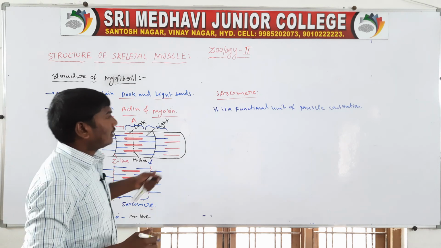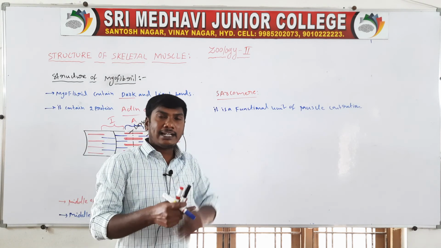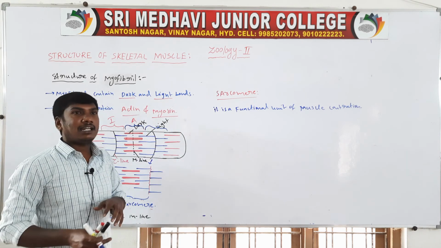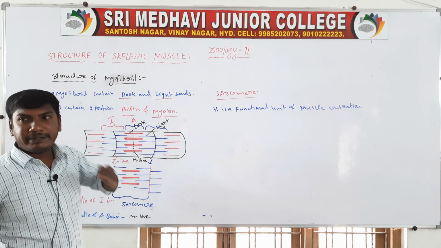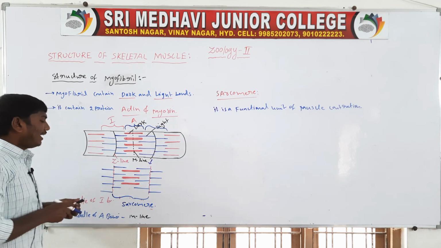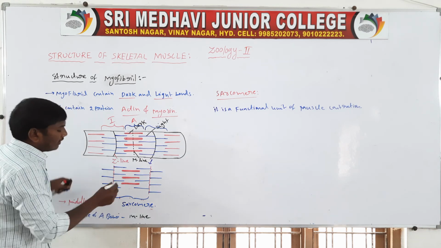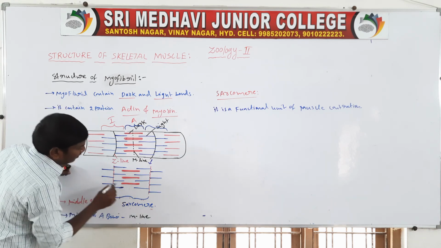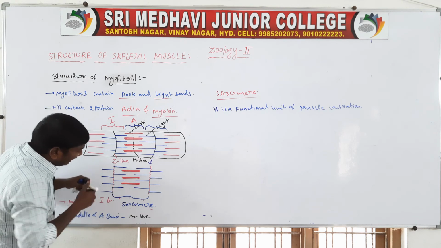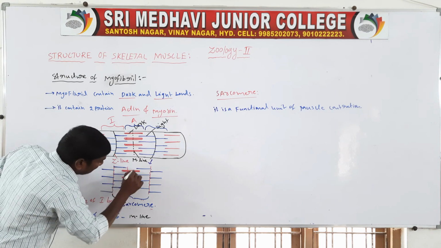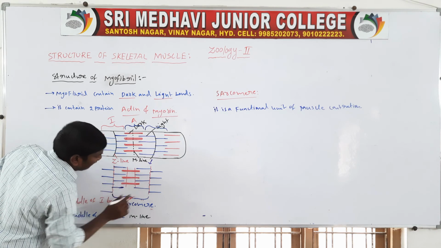In these muscles, the dark and light bands are arranged alternately: light band, dark band, light band, dark band. In one region there is no light band, only the thick band present.